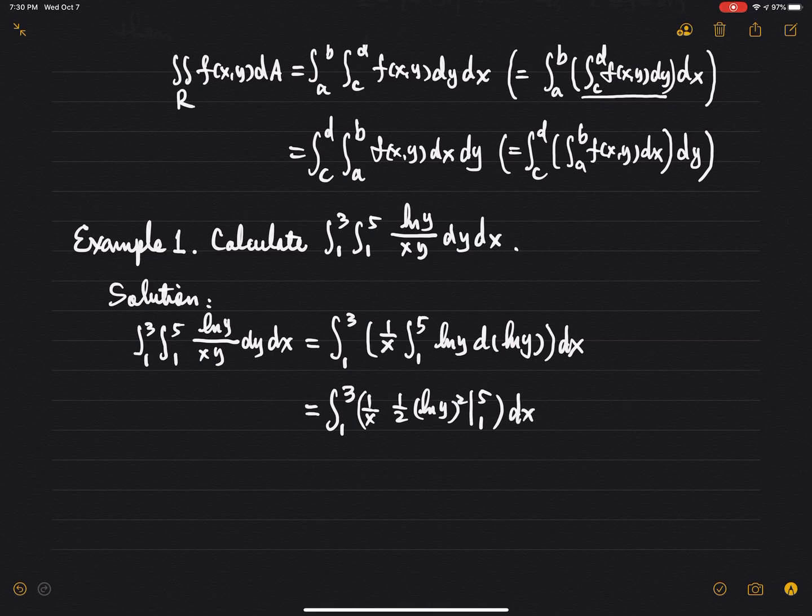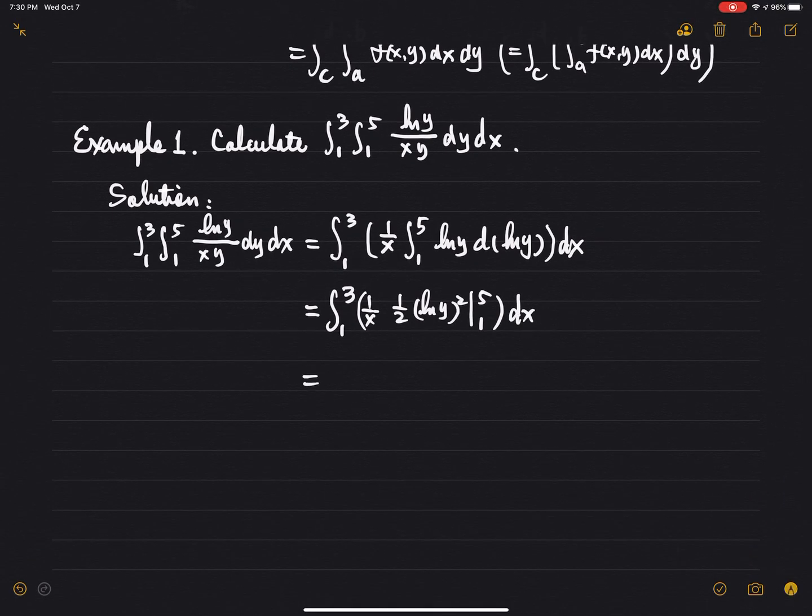When you plug in 5, that's log of 5. When you plug in 1, log 1 equals 0. So that means you're going to have 1 over x times 1/2 (log 5) squared dx.